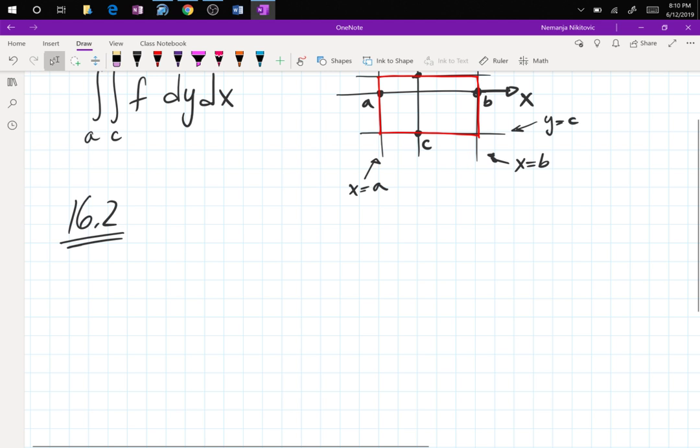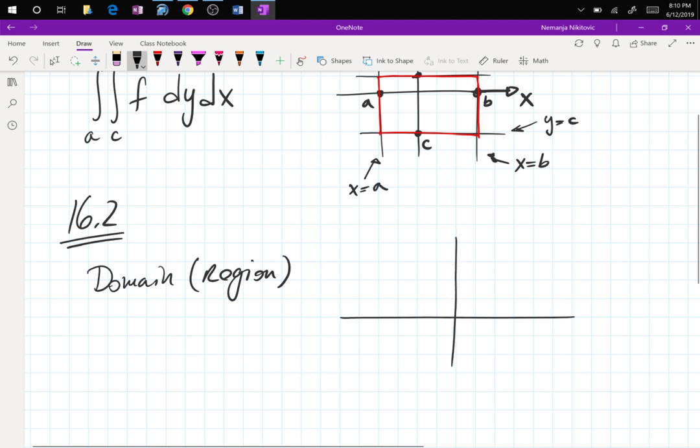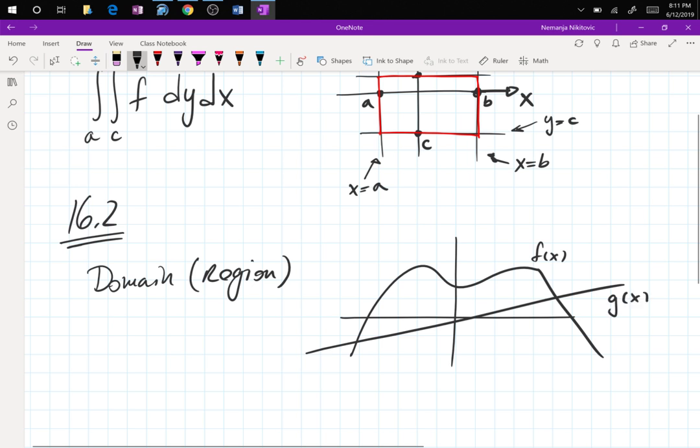So now my domain, or the region, what we're looking at, might have, let's say, a function and then another function. So you have f of x and g of x, and now you have your region R inside.